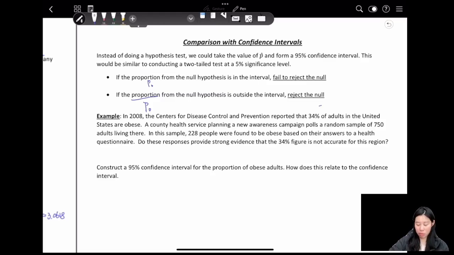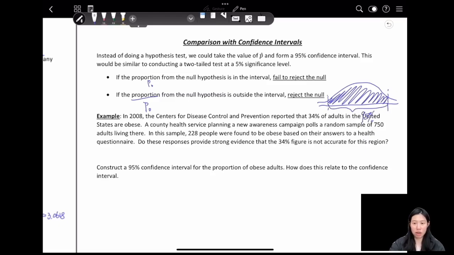So if you remember what a confidence interval is, we have two tails cutoff values, and the middle part, except for the cutoff values, contains 95% of the area of the normal distribution.